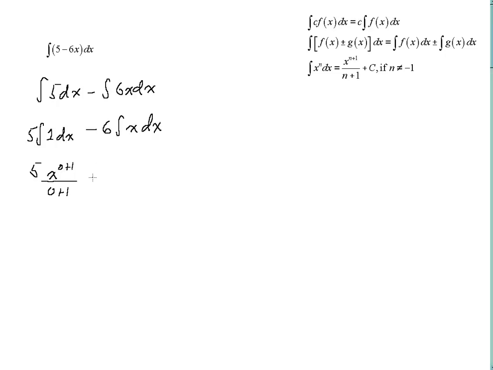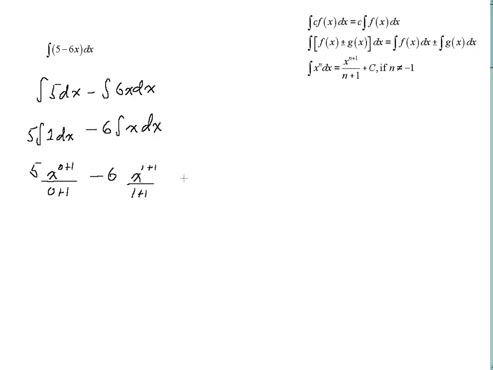And then the next one is -6, and there's an original power of 1 on that x, so we want to add 1 to it, and we want to put it over the new power. I was debating whether I should put a plus c, since I broke it up, but I'm not.